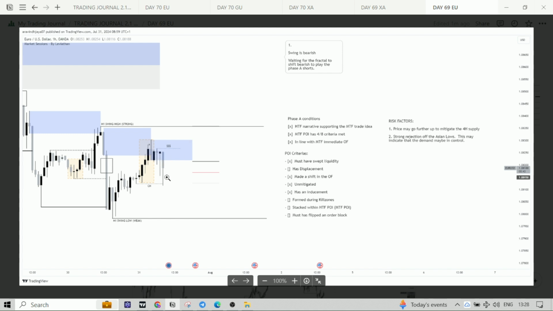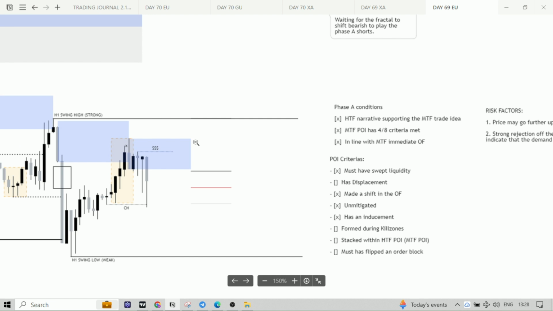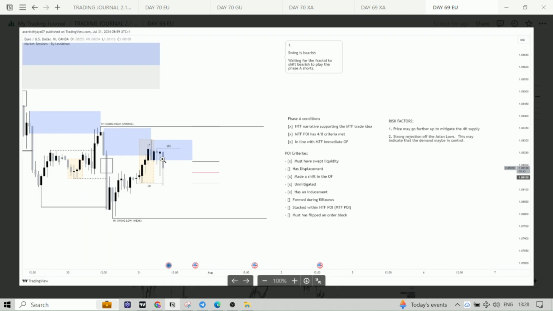This is after the chop, so price is reacting coming off from this POI. It is in line with immediate order flow. Yes, price made a bearish shift in line with immediate order flow. So it's not a high probability trade, it's just a medium probability trade, and there is no high time frame support. What does the high time frame tell you? It is telling you that the price can go up to fill this imbalance.